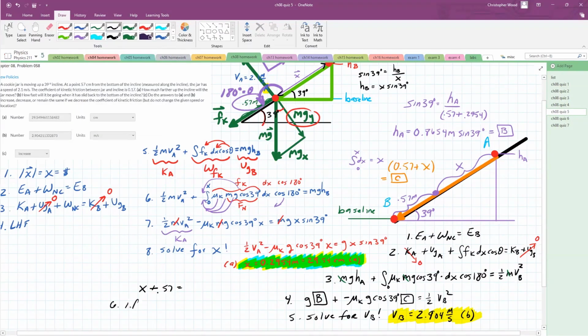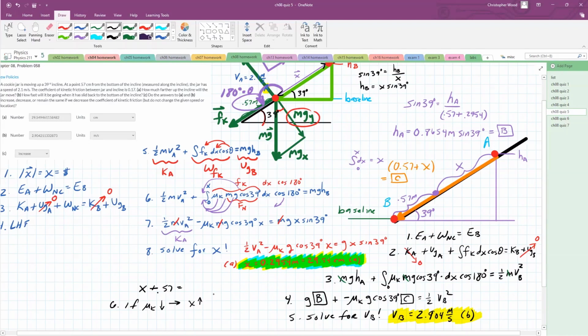If mu sub k decreases, if mu sub k gets smaller, so if things get slippery, then there's less friction, so X increases.